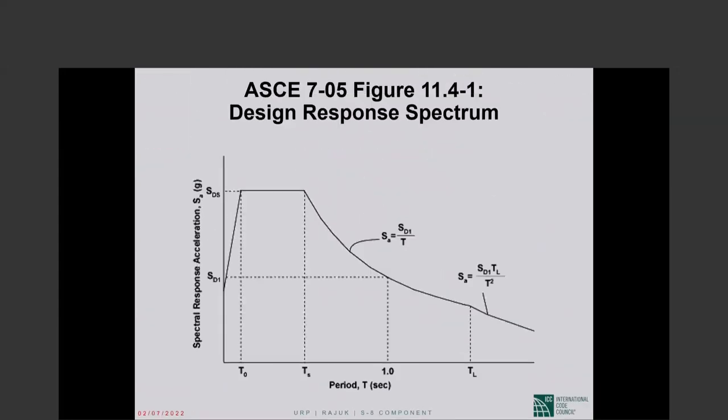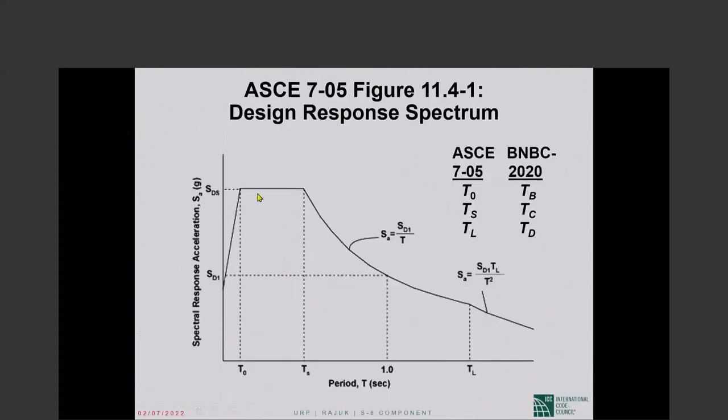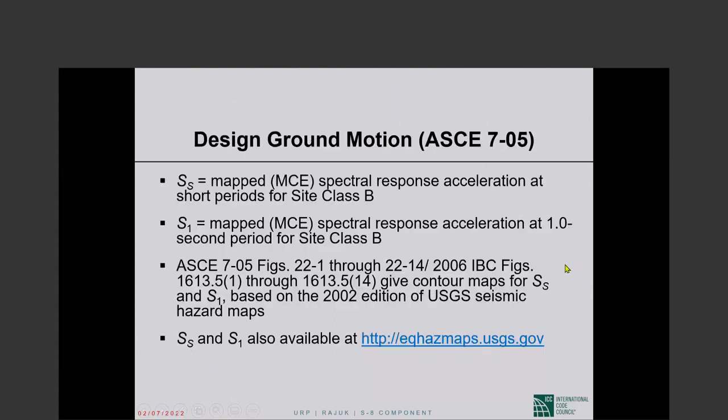And S sub ds, I indicated to you, is the ordinate of the design spectrum at a period of 0.2 second, and S sub d1 is the ordinate of the design spectrum at a period of 1.0 second. If we know those two, we can draw the spectrum, except we also will have to know T sub L, the long period transition period.